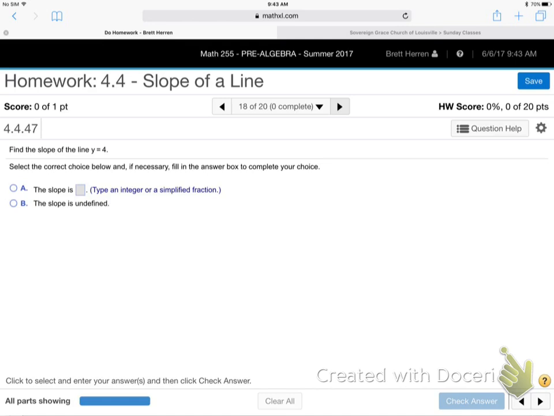All right. What kind of a line is this? Y equals 4. Yeah. Yep.